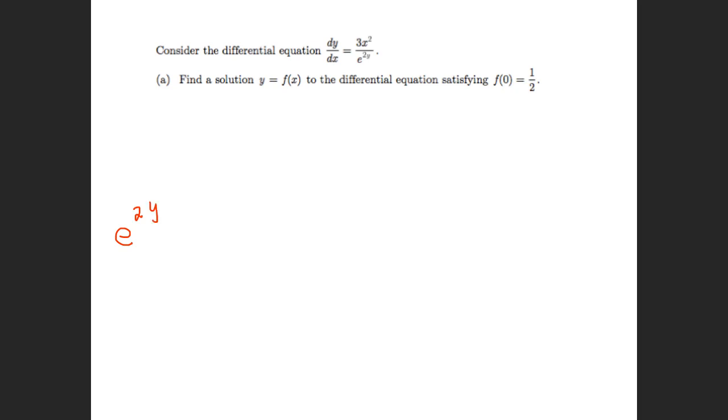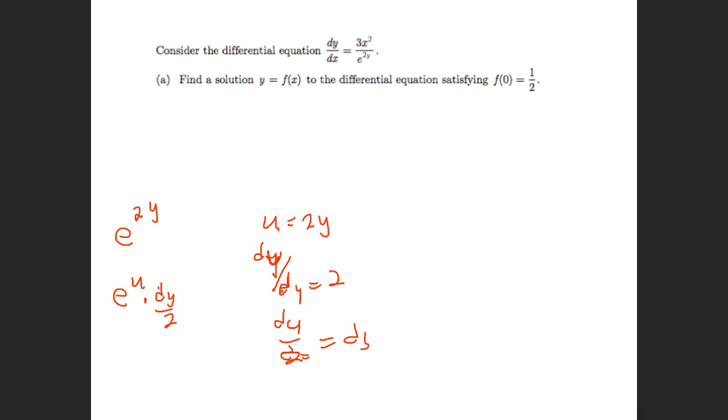So I would let u equal 2y, then du over dy is equal to 2. So then if I plug this in here, then I got dy is equal to du over 2. So I could end up with e to the u times 1 over 2, or that would be du over 2. Take the integral of e to the u. e to the u is just e to the u over 2, and then plug it back in.